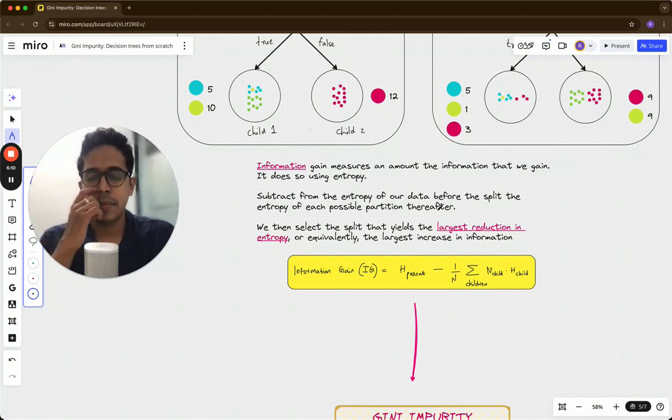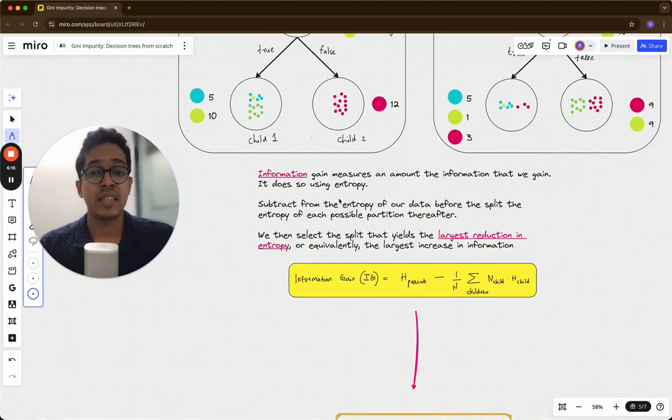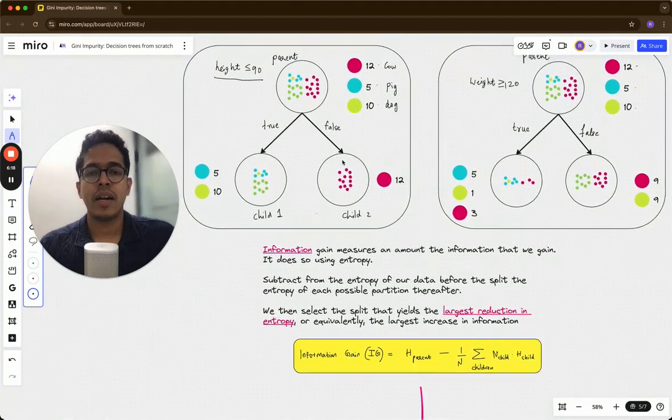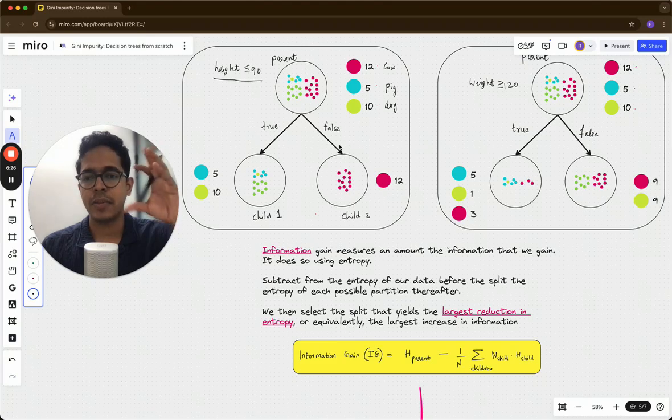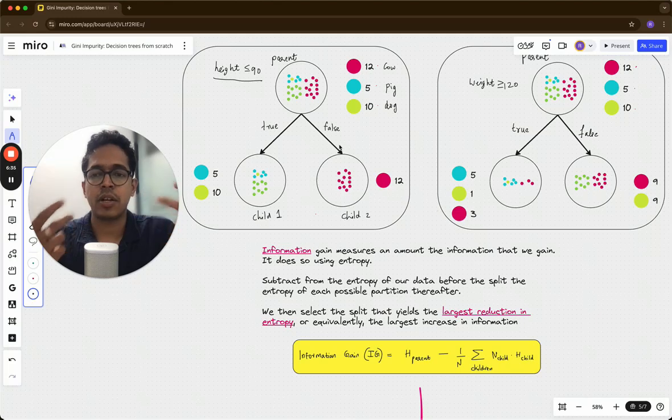So we measured something called information gain, where we said, if the weighted entropy reduction is maximum for one kind of splitting, we will go with that. So the reduction in entropy is analogous to an increase in information gain. If entropy is reducing, information is increasing, because entropy is a measure of randomness.